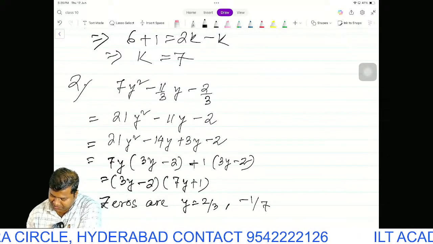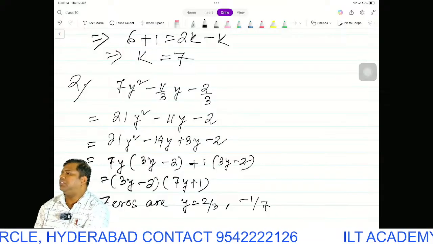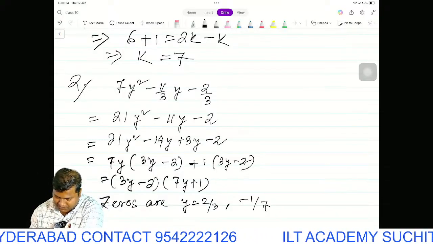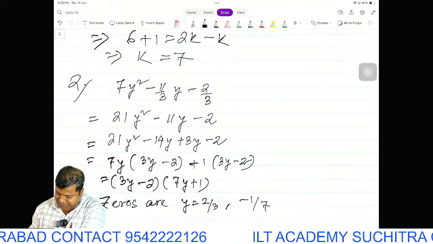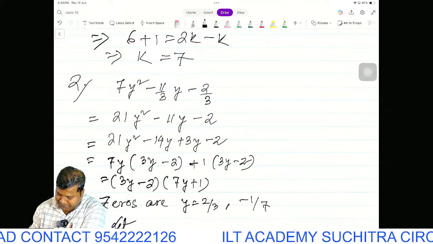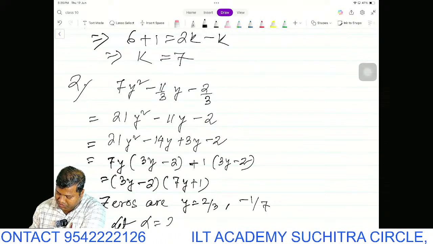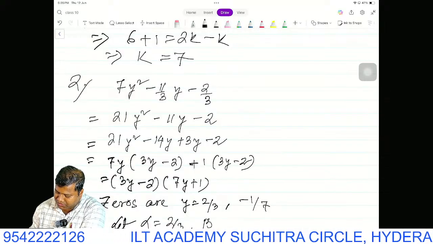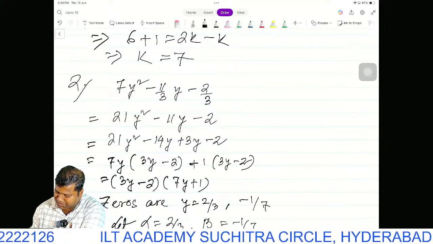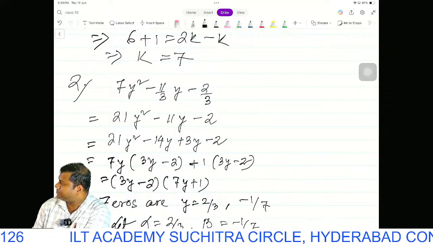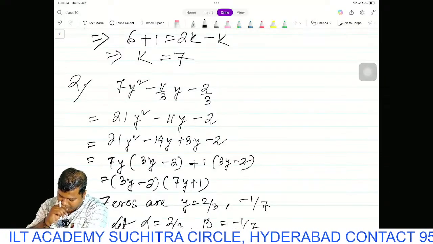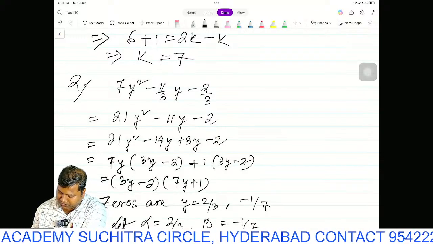Okay. Now consider any of these zeros as alpha and the other to be beta. So let alpha is equals to 2 by 3 and beta is equals to minus 1 by 7. Fine? Okay?